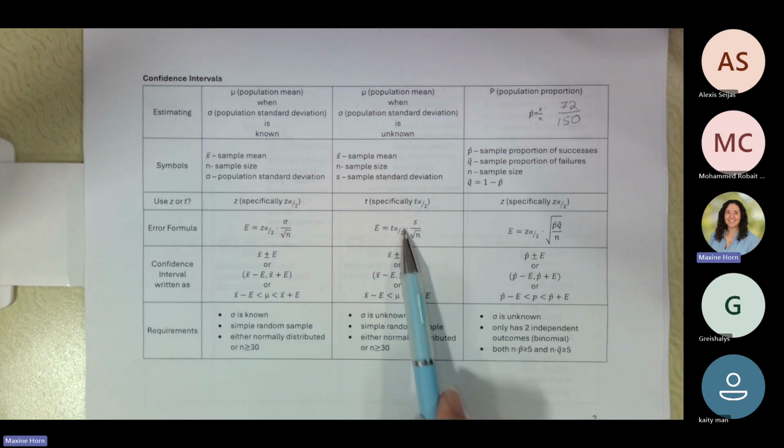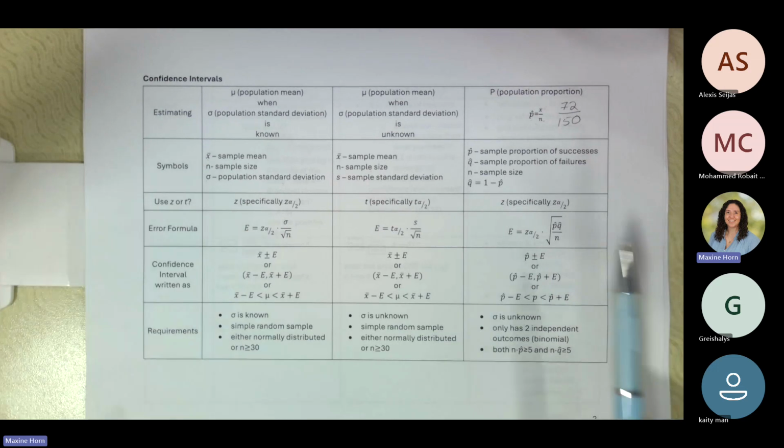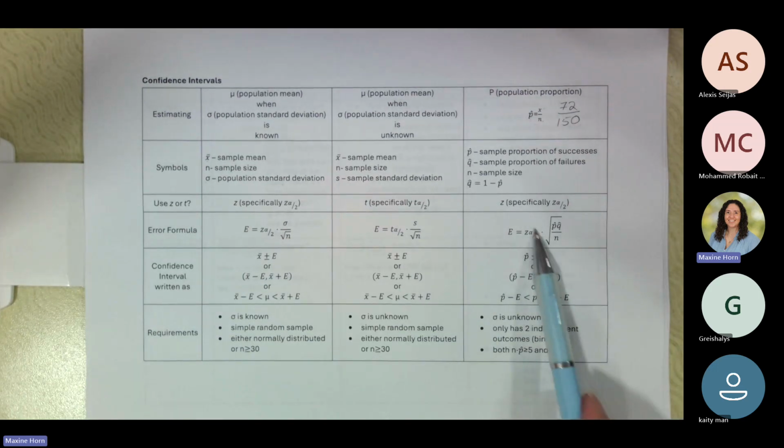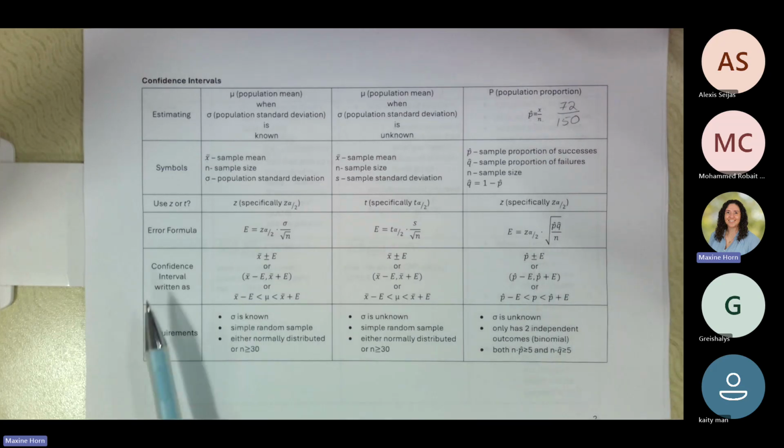Over here, it's the t-score rather than the z-score, and instead of population standard deviation, we have sample standard deviation. And for the proportions, we have our z-score times the square root of p hat times q hat over n.